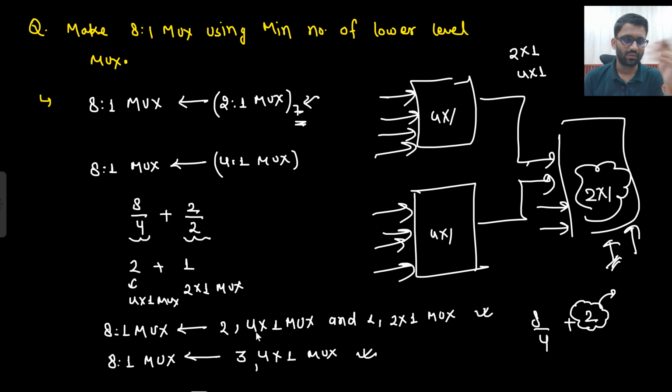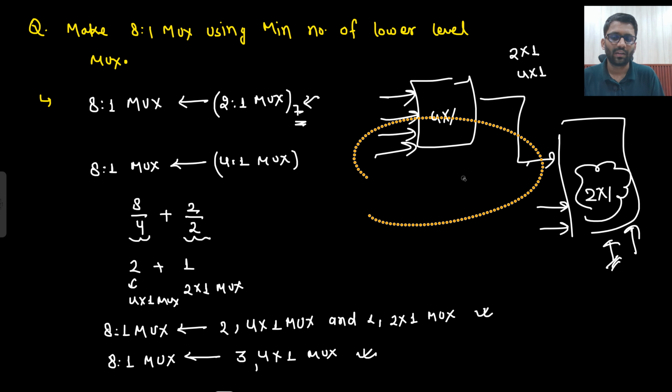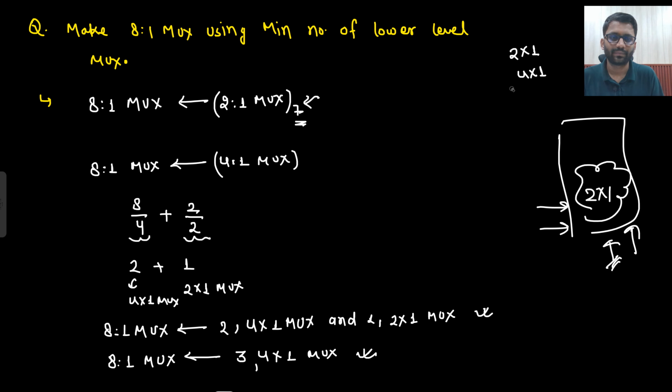They were asking the minimum number of lower level mux, so two possible answers are there: two 4 cross 1 and one 2 cross 1 mux, or three 4 cross 1 mux. Here also you are using 3 mux only, 2 plus 1, and here you are using 3 mux only. So 2 possible answers would be there. Okay, I hope you must have understood it.